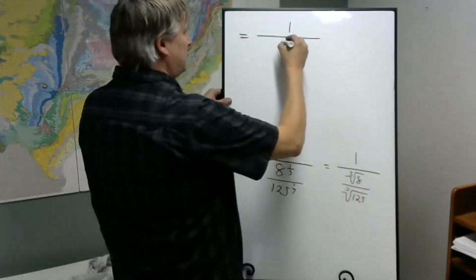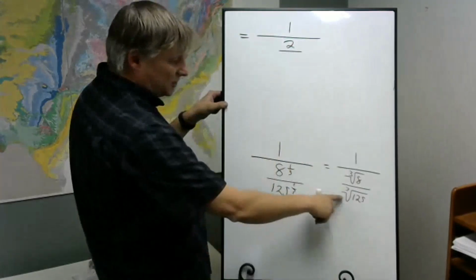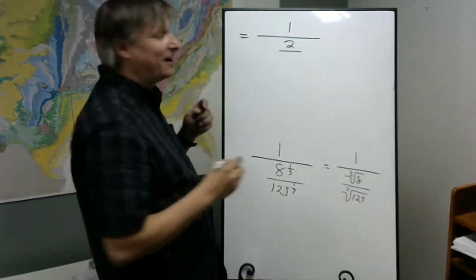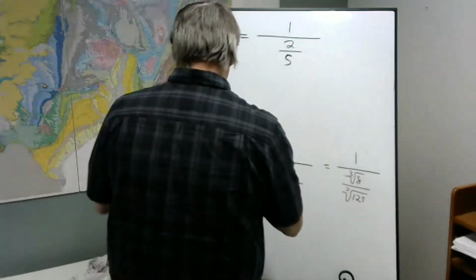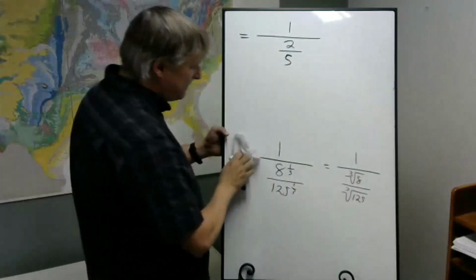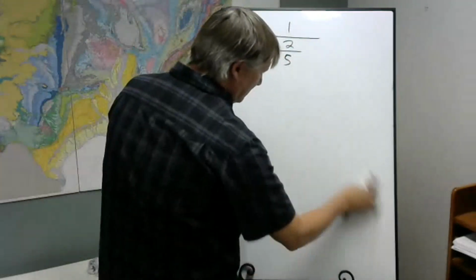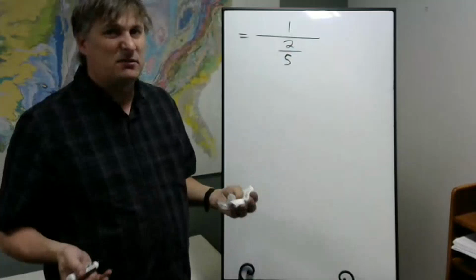Cube root of 8 is 2. Cube root of 125 is 5. Now, when you get this kind of an answer, there's a couple ways you can think of doing it.